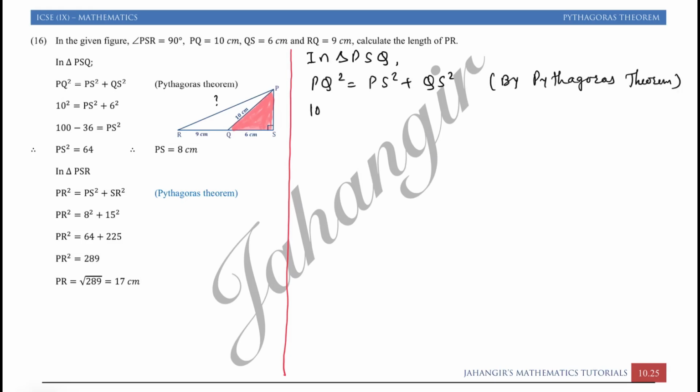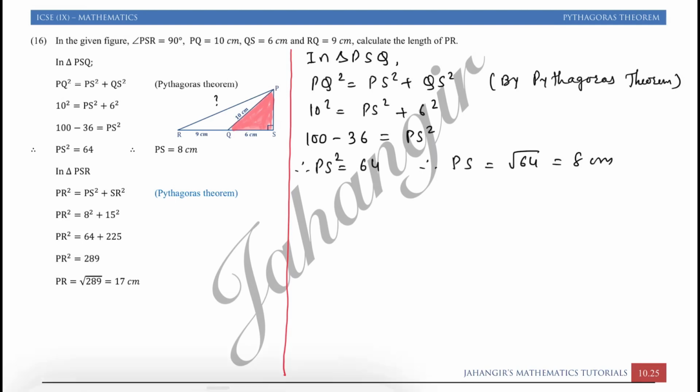PQ square is 10 square, which is equal to PS square plus 6 square. 100 minus 36, you can shift to the other side, PS square. Therefore PS square is equal to 64. So I will get PS is equal to root 64, which is equal to 8 centimeter. I think this is clear, 8 centimeter.